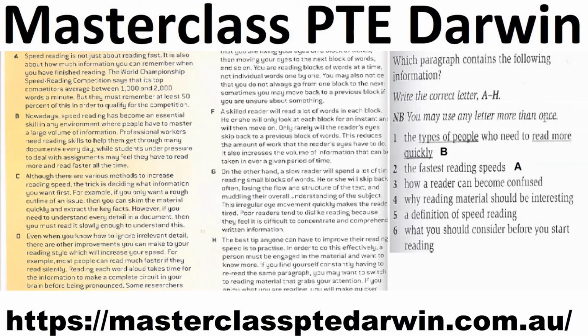Okay, so here is another important information. You may use any letter more than once. So that means any of the paragraphs may contain two answers. Because it says you can use any letter more than once. So how can a reader become confused?